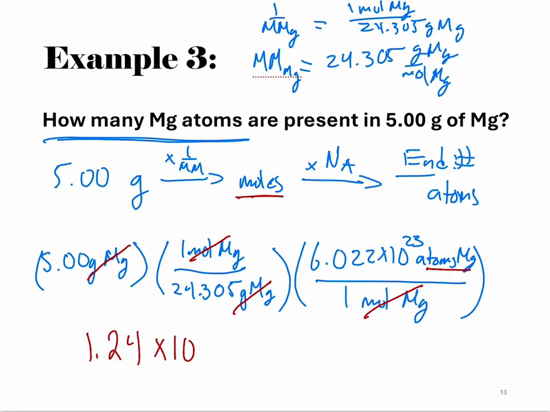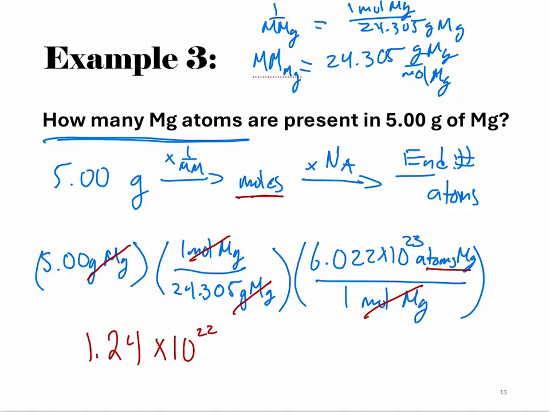Divided by 24, times 10 to the, should probably be 24. Should probably go the other way, I think, right? Because we have less than 5 grams. Yeah, 1 mole is 24 grams, so we have about 1/5 of that, which means that we should have about 5 times 6.022 times 10 to the 23. So I'm guessing, is it 22?